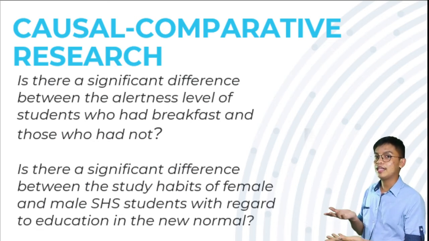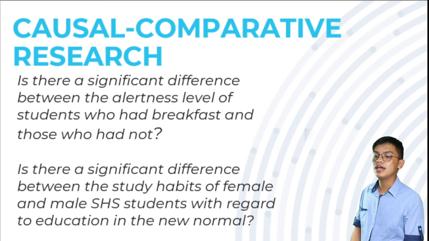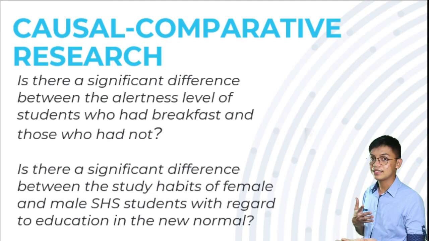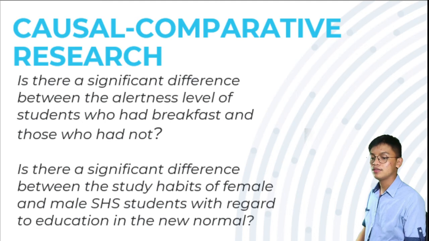So that kind of study falls under causal comparative research. Did you try to compare? Yes, that's why it's called causal comparative research. Another scenario would be comparing the study habits between male and female senior high school students.